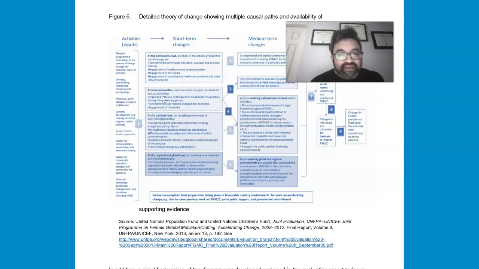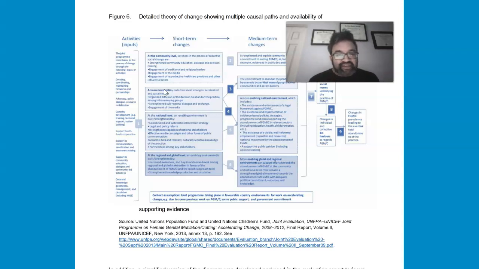Engagement of the media, and engagement of reproductive healthcare providers and other influential actors. Across communities, what is needed is collective social change, which is accelerated and sustained by organized diffusion of the decision to abandon the practice among intermarrying groups, and strengthening sub-regional dialogue and exchange and engagement of the media.